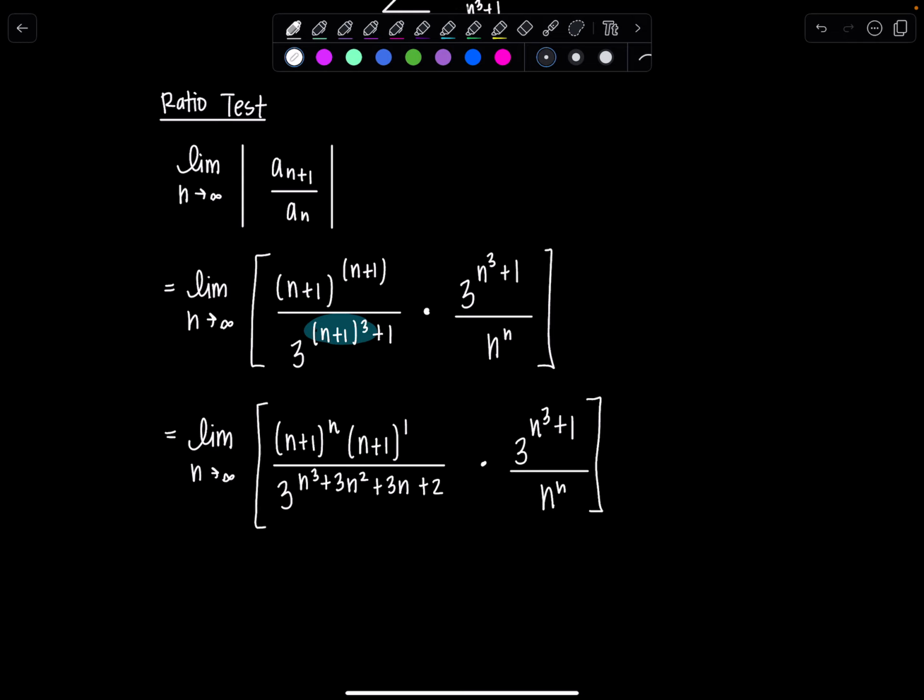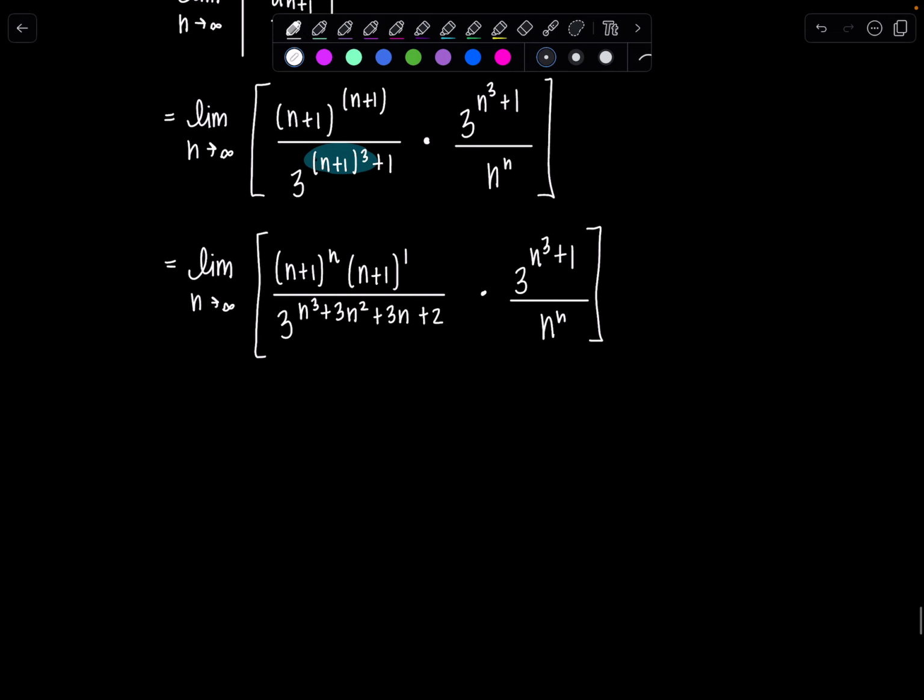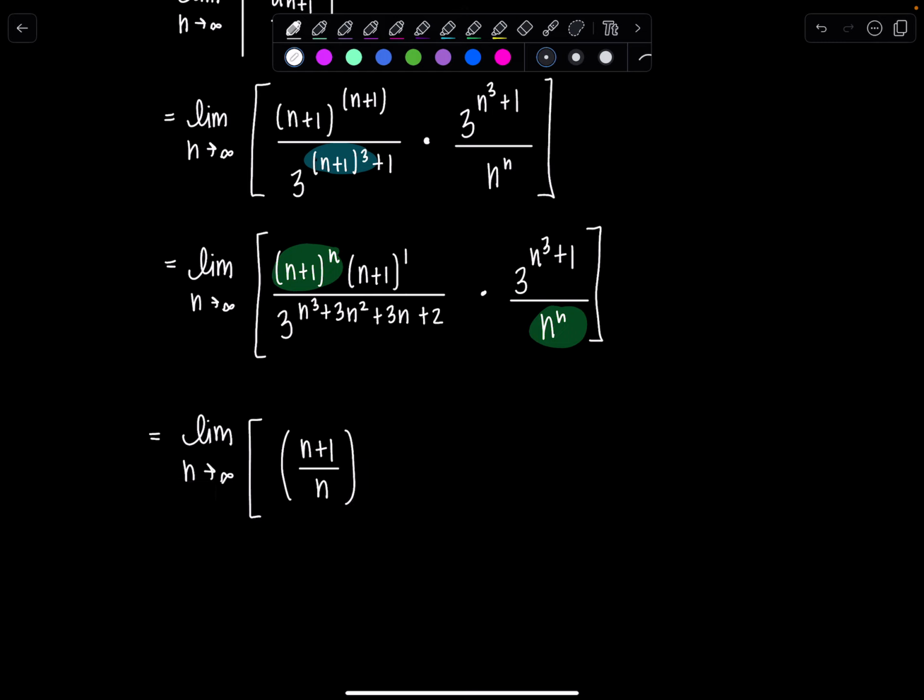Okay, hopefully you're as excited as I am because we can start grouping things together and canceling out. So everything that's being raised to the n, I'm gonna group together. I have n plus 1 to the n and n raised to the n. So I'm gonna write this as the limit as n approaches infinity, I have n plus 1 over n, all of that raised to the n.